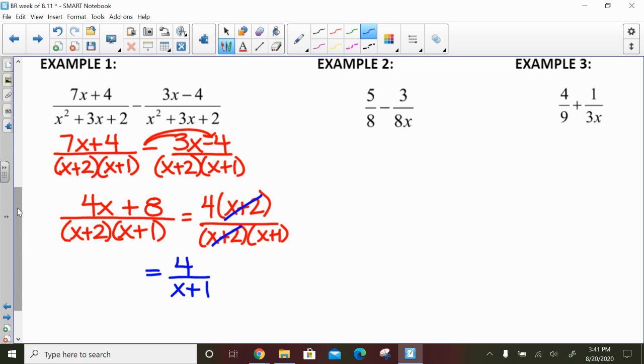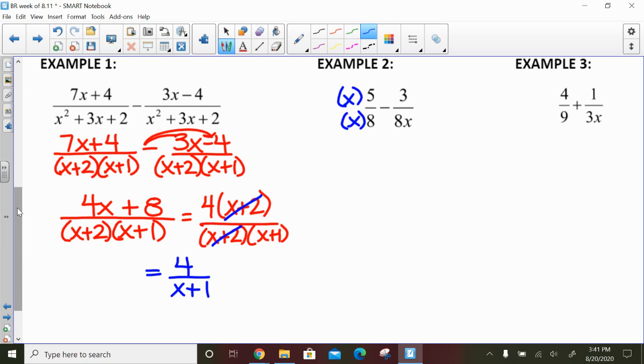All right, then for example 2, if you look at the bottom, the one thing that it does have in common is we already have an 8 on both sides. Okay, but if you notice, the right side has an x and the left side does not. So what I'm going to do is multiply this left side over here by x, just to make them where they have the same thing.